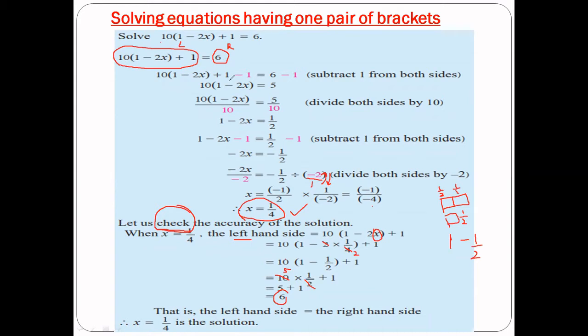If the left hand side of the equation is equal to the right hand side, then the scale is balanced. An equation is like a balanced scale. So always the left hand side should equal the right hand side. When you substitute the solution on the left, it should equal the right hand side. Here the left hand side was 6, the right hand side also 6, so your solution is correct.